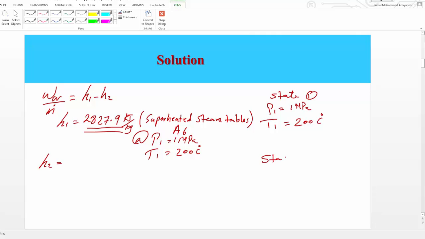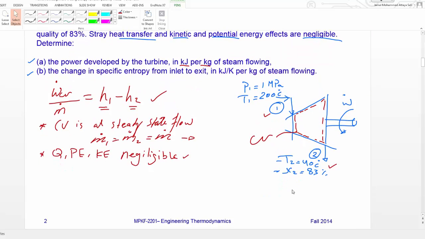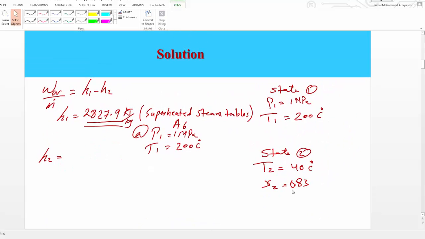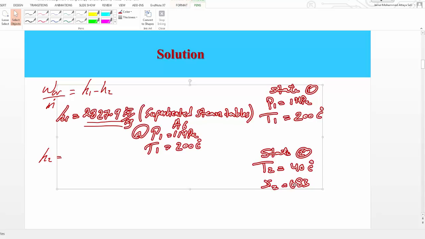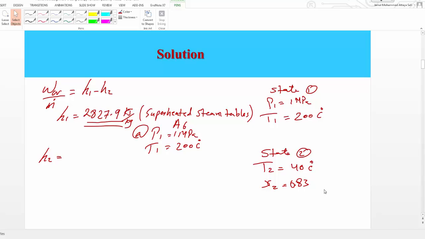I can write it also here. State 2, we know that T2 is 40 centigrade, and we know that X2 is 83. I can just check it to be sure. Yes, it's 83, or 0.83. Oh, that's nice. And then, of course, how can we find H2?